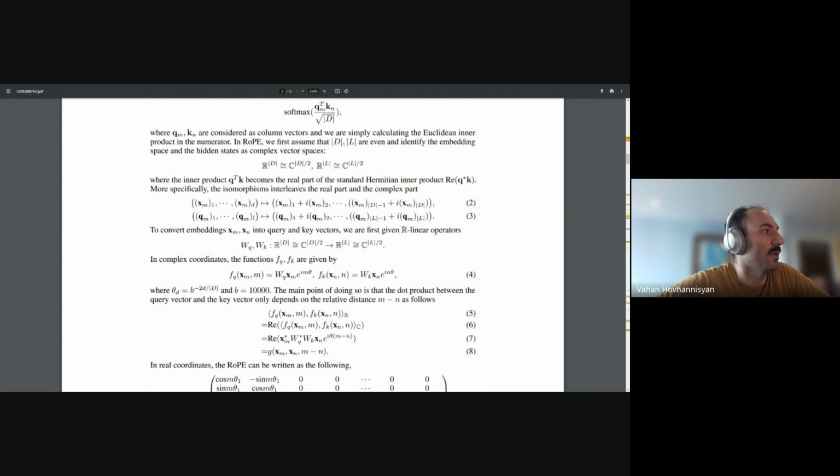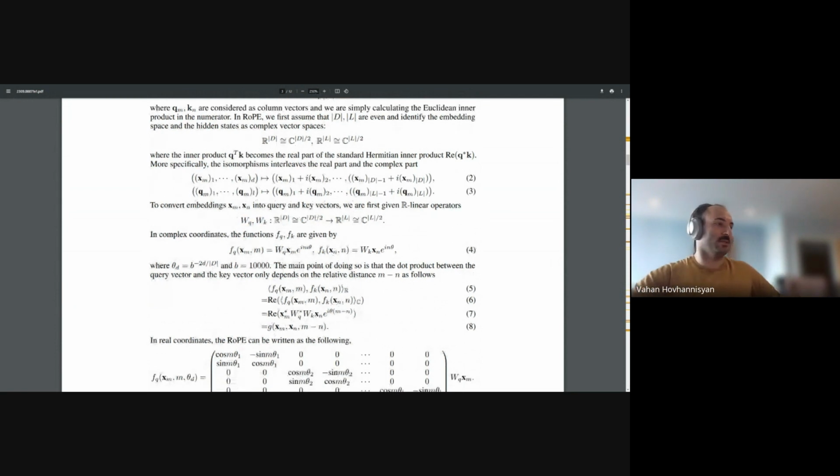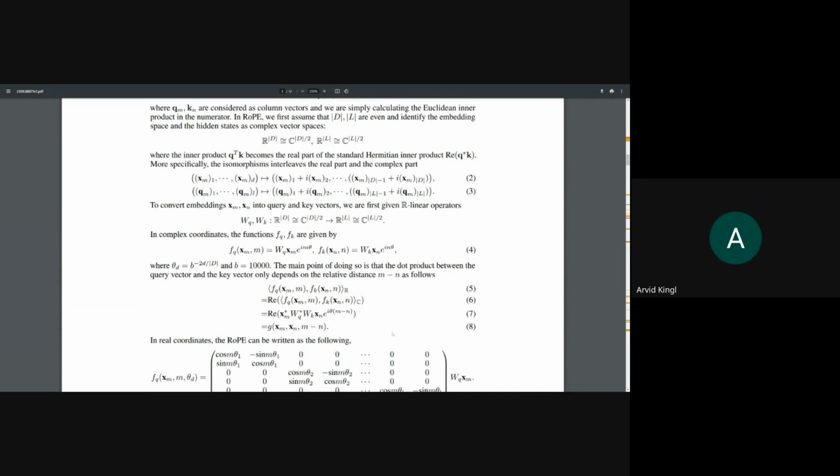So to convert embeddings into query and key vectors, we are first given the linear operators. Right? So these are the operators that they use to convert from real numbers into complex numbers. Just a notation, really, because we don't end up using them here. Yeah. Because you do it twice, right?